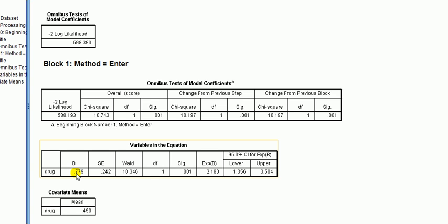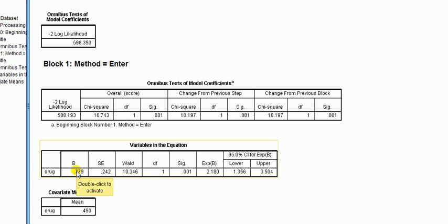Because you remember, with dichotomous nominal variables, we set up a dummy variable coded 1 if takes drugs, 0 otherwise. So that thing that's coded 0 is the reference category. So we're comparing drug use to no drug use, that way around.